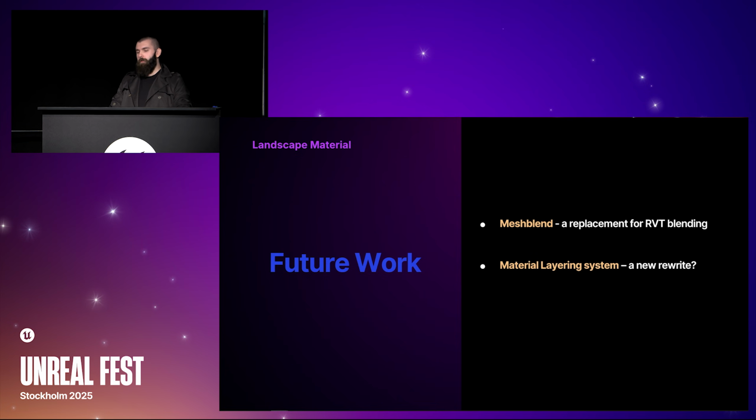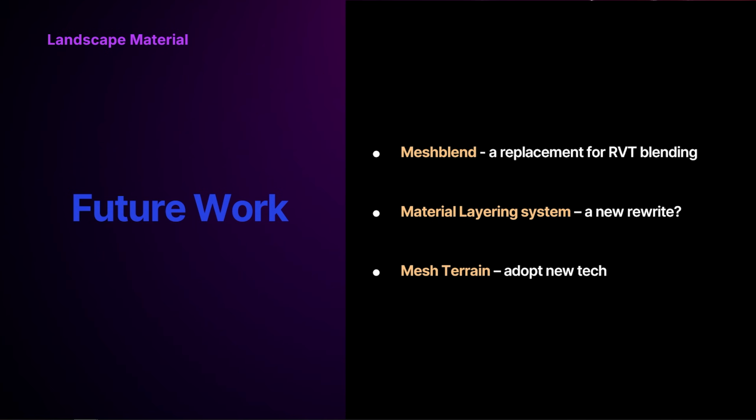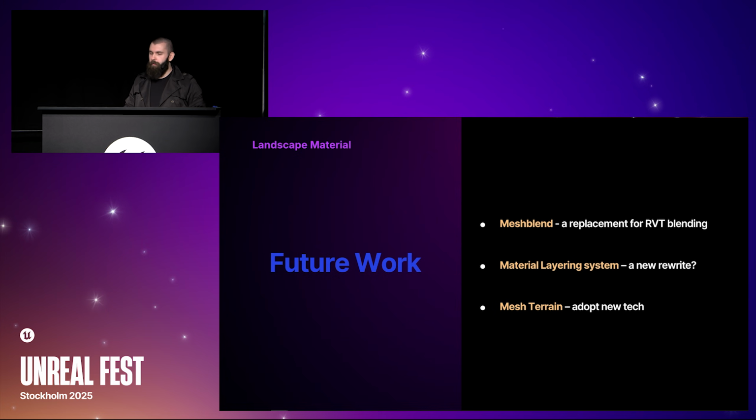Next, I'm going to look again into the material layering system and possibly figure out a way to bring landscape material to the material layering system for ease of use for our artists, since currently we have 12 hard-coded layers for our landscape. And the last thing that I'm definitely excited about is the mesh terrain, which is still, I guess, in heavy R&D. We heard a little bit about it, but I'm definitely excited to see how that continues to be developed.